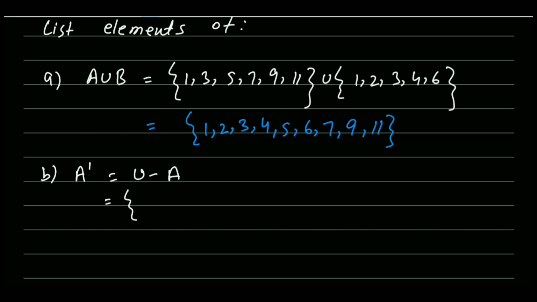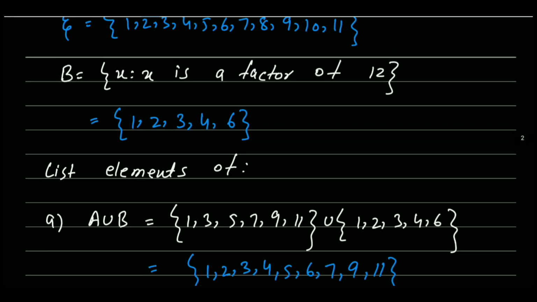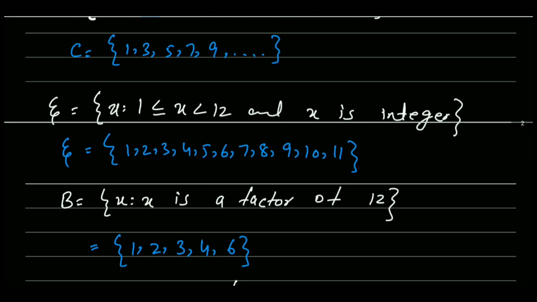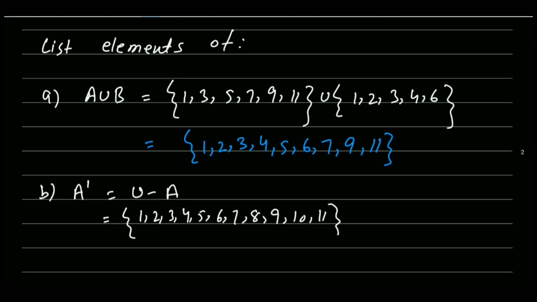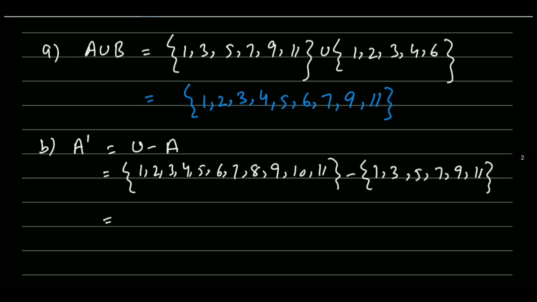So, universal set is 1, 2, 3 till 11. 1, 2, 3, 4, 5, 6, 7, 8, 9, 10 and 11, minus A set. A set is 1, 3, 5, 7, 9 and 11. What does it mean? How do we subtract A from U?